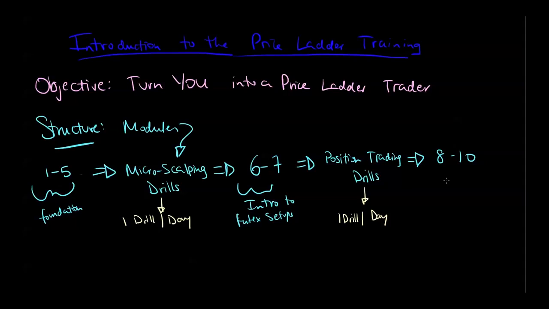In modules 8 to 10, you're effectively going to be doing some of our most prized setups, some of our more advanced setups, the setups that you can't understand and trade properly unless you've really covered all of these aspects in depth and understand them well. Again, these are going to be Futex setups, and they entail data point trading, month-end trading, and finally event-driven risk trading, particularly looking at central banks.